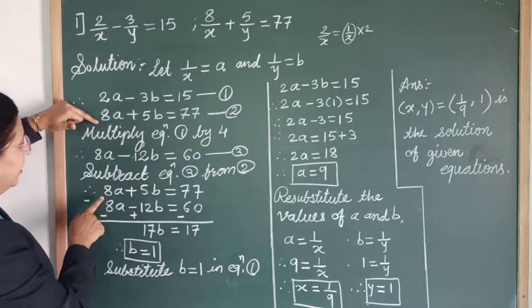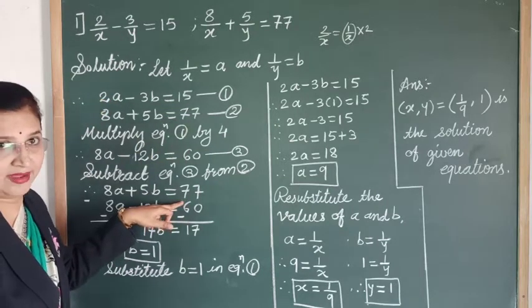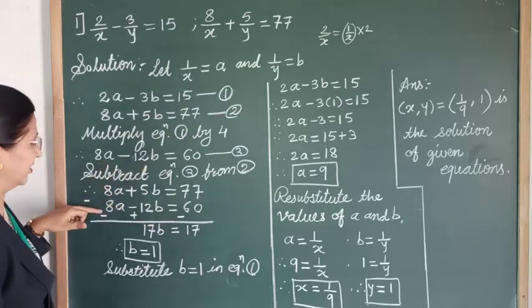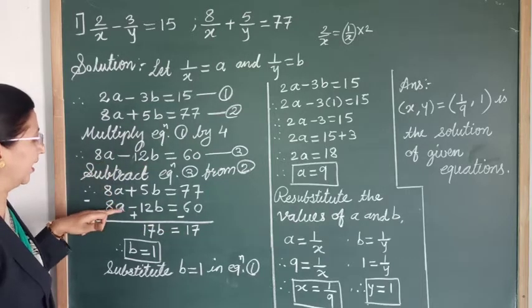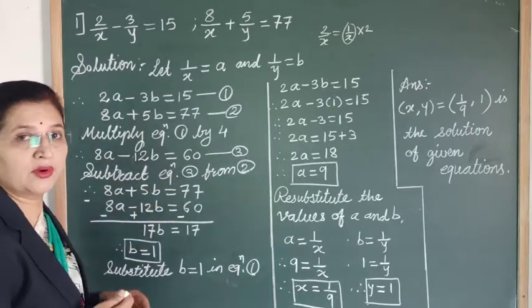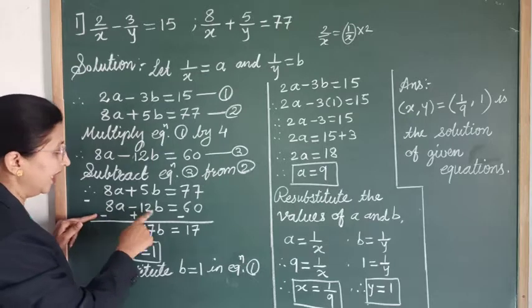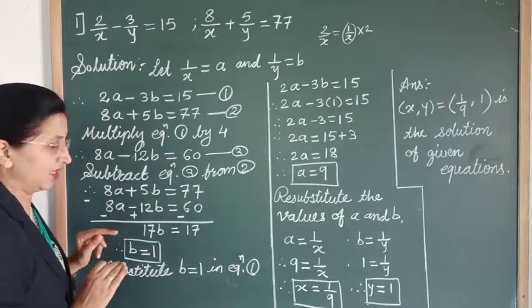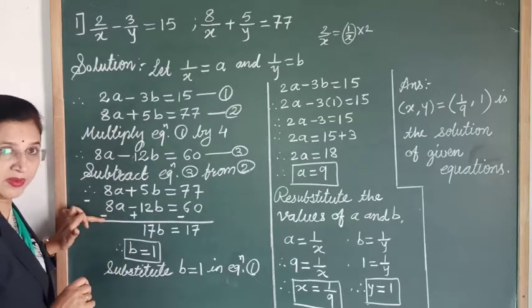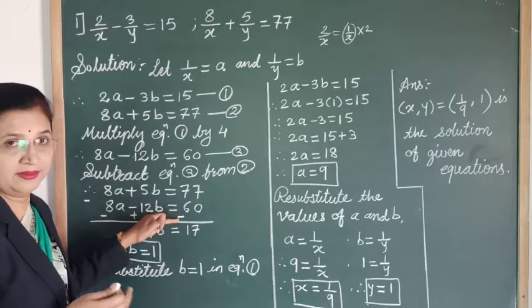What is our equation 2? 8a plus 5b is equal to 77, minus the third equation, 8a minus 12b is equal to 60. As we are going to subtract, we have to change the sign of each and every term of the equation which we are subtracting. So plus becomes minus, and minus becomes plus.